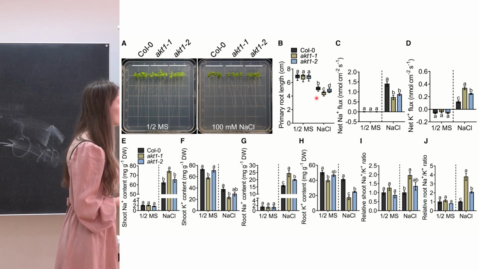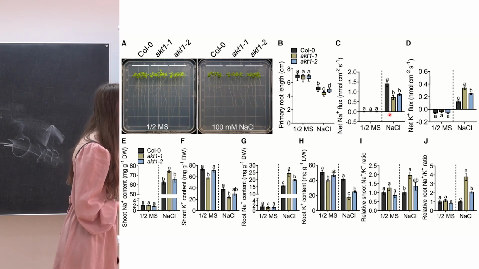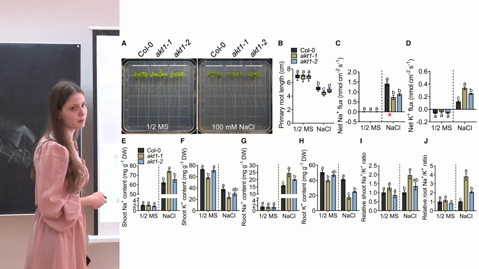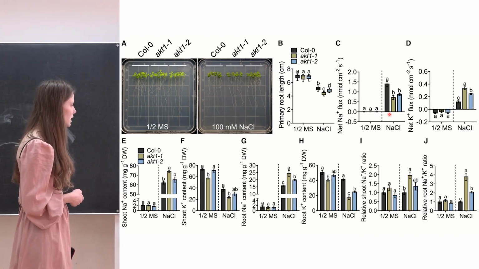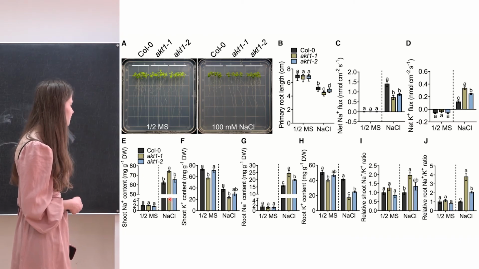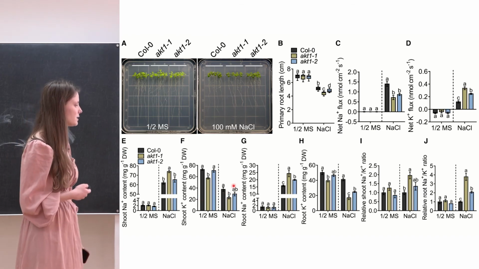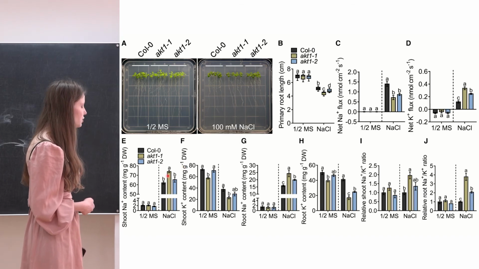При этом мы видим, что ток натрия у этих мутантов будет уменьшаться, а ток калия увеличиваться. Опять же, происходит изменение содержания натрия и калия при засолении. Ну, то есть концентрация натрия увеличивается, концентрация калия снижается.